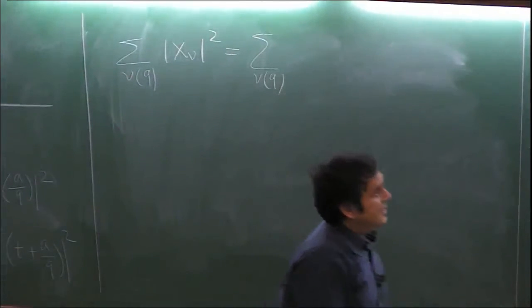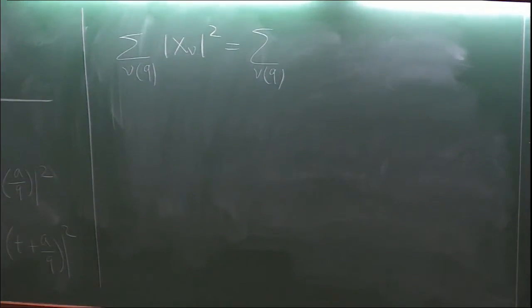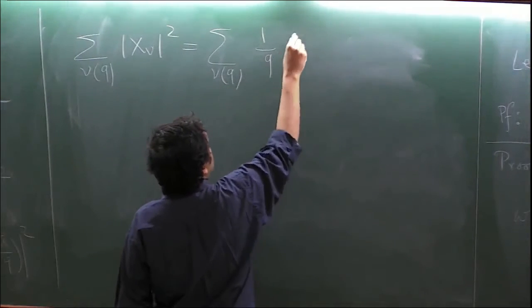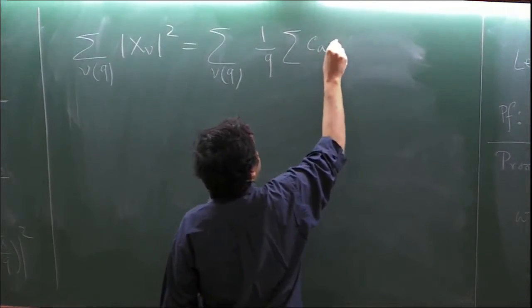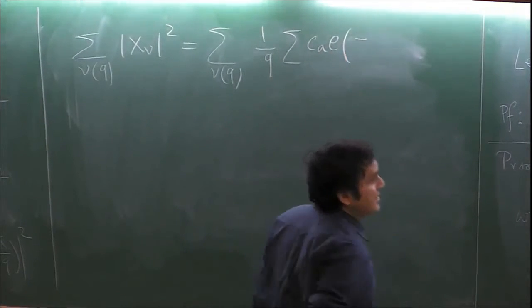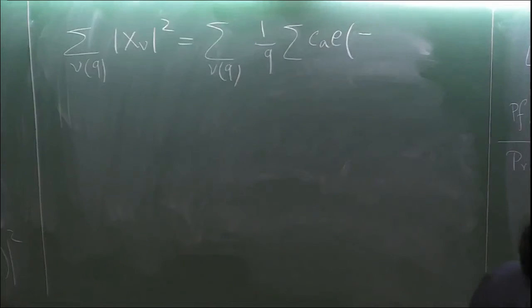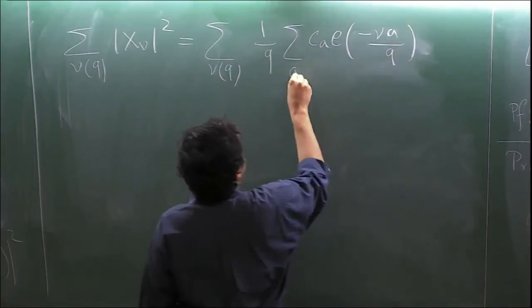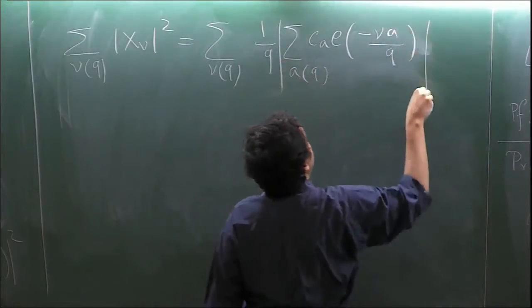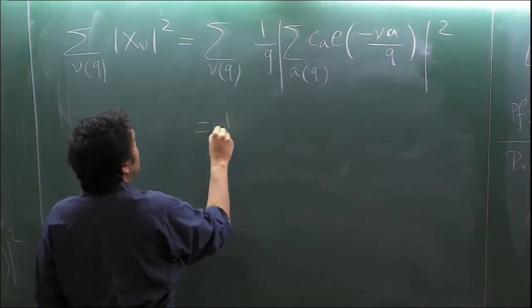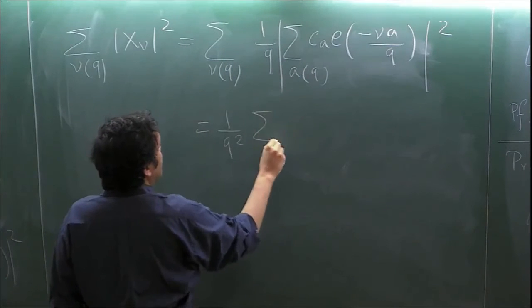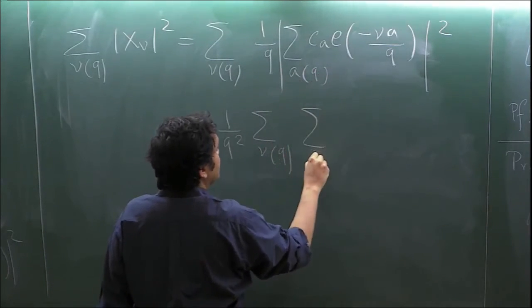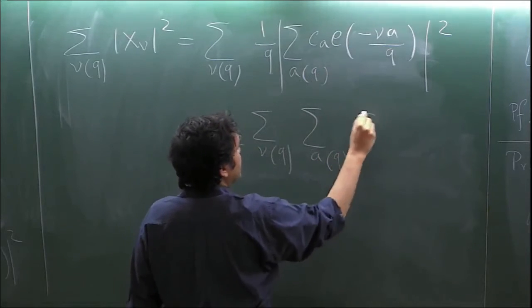And what is x nu? X nu is that thing. So there is a 1 by q, summation Ca e of minus nu a by q. So this is 1 by q square, sum over nu mod q. Then we just open the square as before. So that's always the trick.